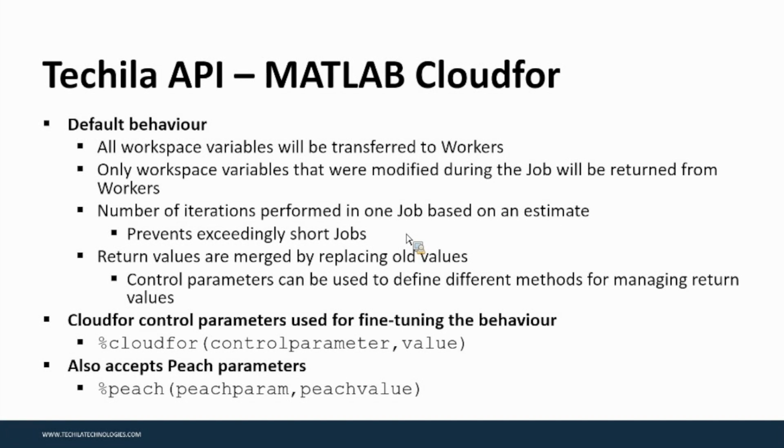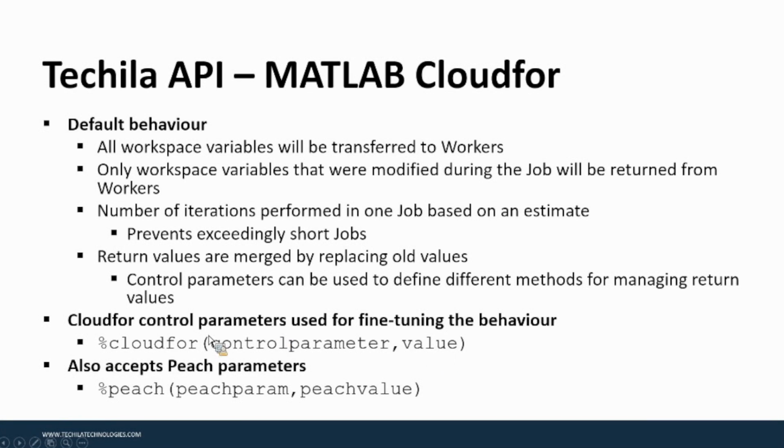And then I also talked about the control parameters that can be used to fine-tune the performance. And here you can see an example of the syntax that's used to define those. It starts with a % mark, followed by Cloud for, and then in parentheses we have the control parameter and the value for that parameter.